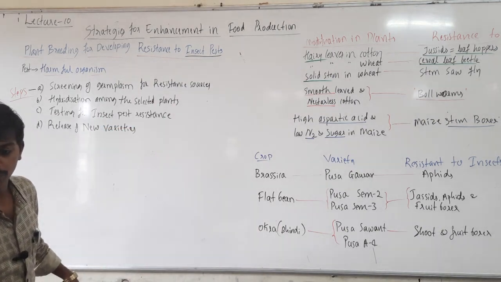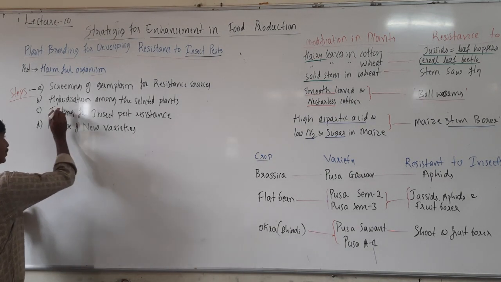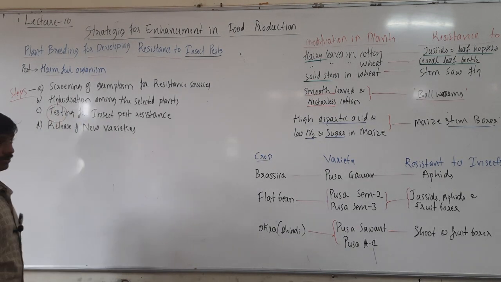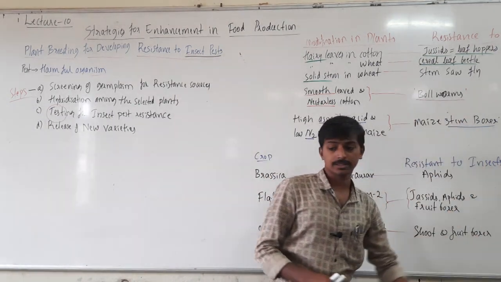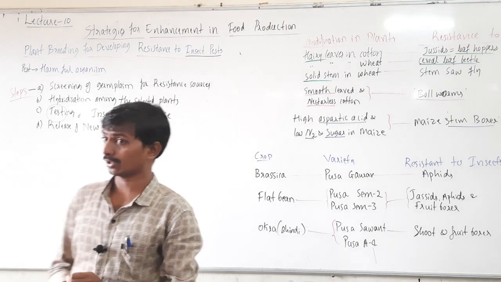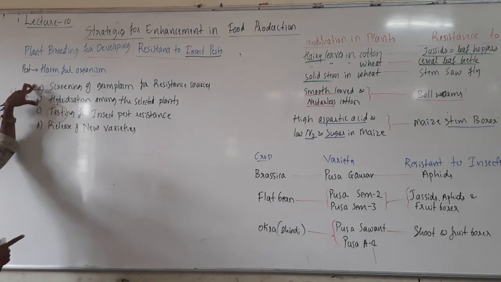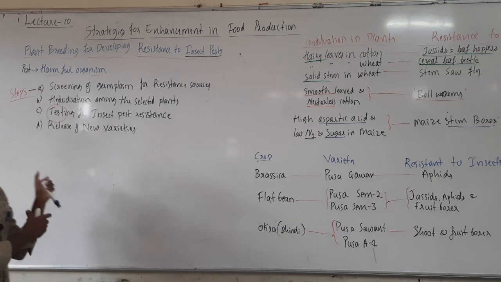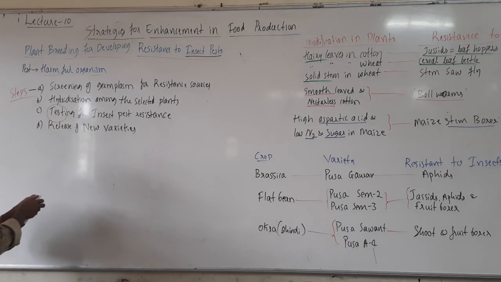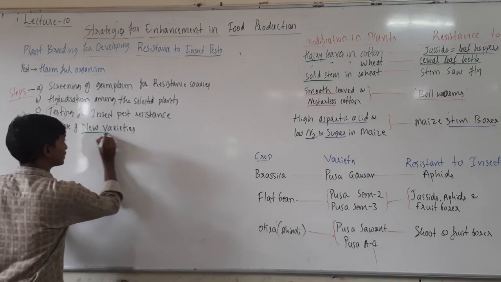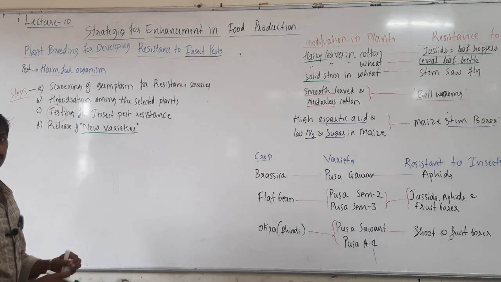Because before releasing any crop variety, you must test for the resistance. Whatever we discussed here, resistance to many insects, we have to test for it. Before you bring that into the market, a plant must be tested for resistance. Then only you can publish it as a new variety.